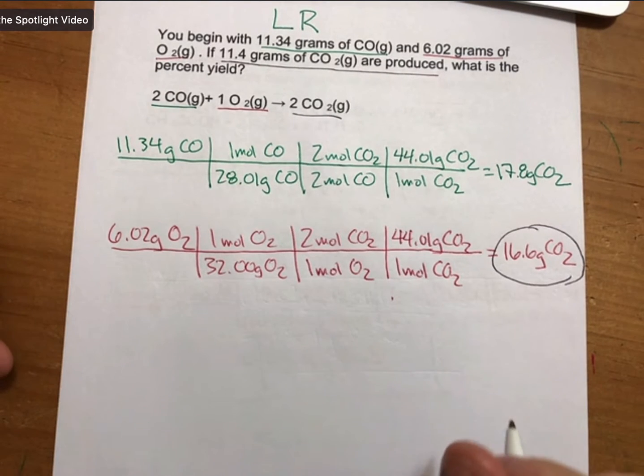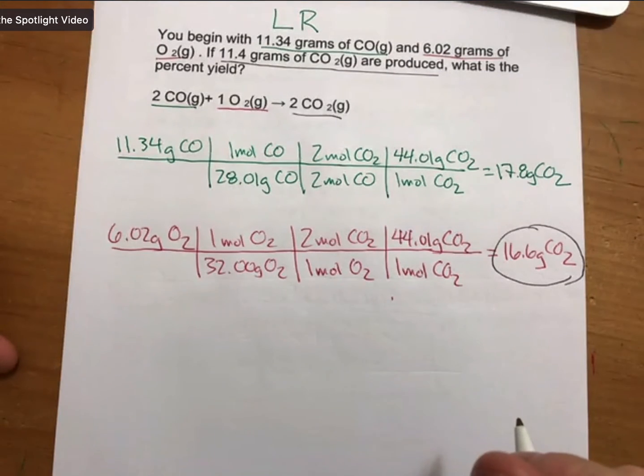Done. But we're not. This now says if 11.4 grams of carbon dioxide are produced, what is the percent yield?